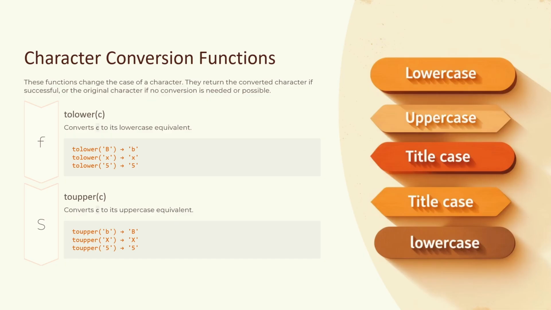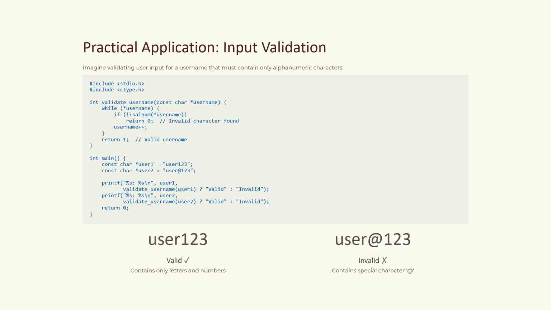Now we are going to see a practical application, input validation. In this example, a program validates a username using the isAlnum function. The program checks each character one by one inside a loop. If any character is not alphanumeric, the username is marked invalid.